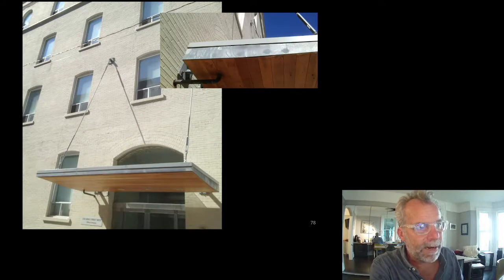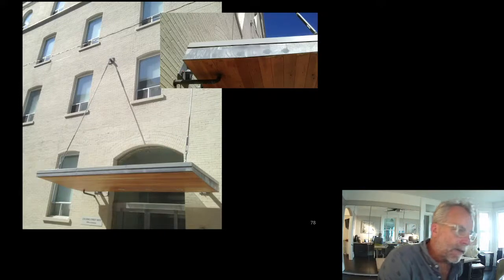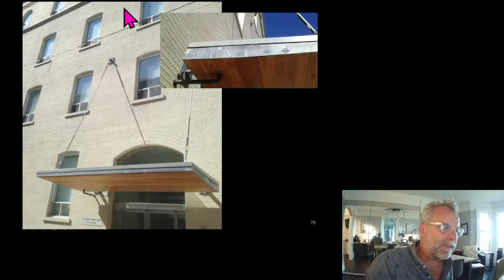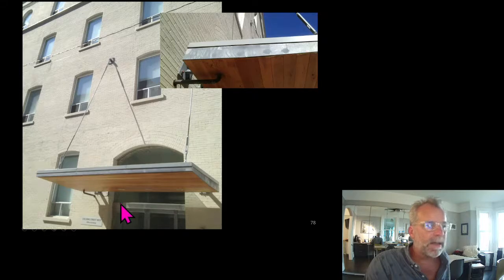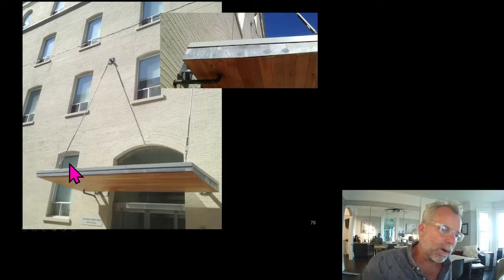This is a hanging canopy on King and Duncan. This is the one thing I want to point out here. So lots of hanging canopies around. It's not hard to imagine how this works, except that cables only work in tension. That's not a surprise.